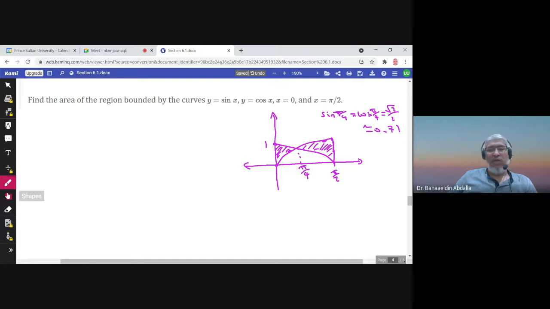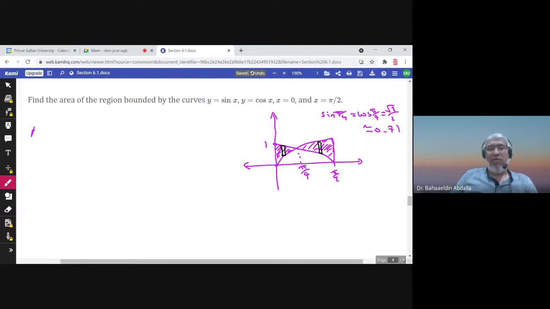If I take a typical rectangle here, the graph of cosine would be above the graph of sine, while in this region, the graph of sine is above the graph of cosine. So I will have to consider these two cases.